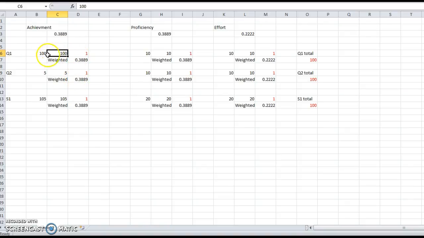If we look at the achievement points, there are 100 points in quarter one, but only 5 points in quarter two, which means there are 105 points in the semester, but 100 of those come from quarter one.